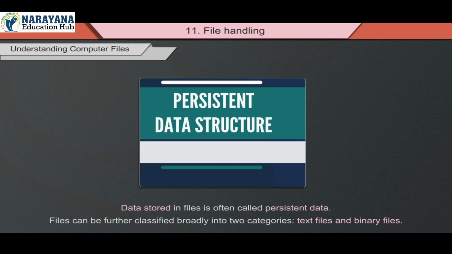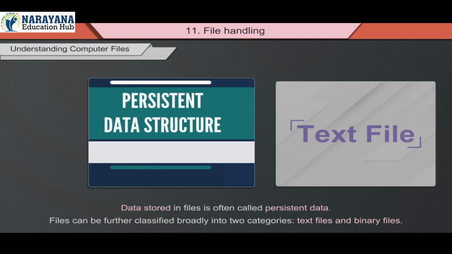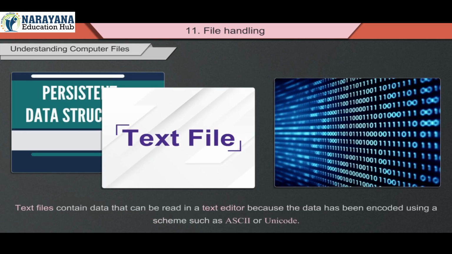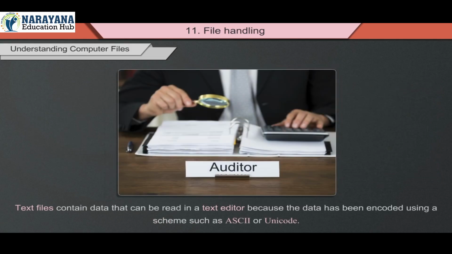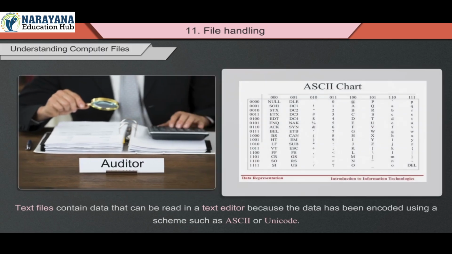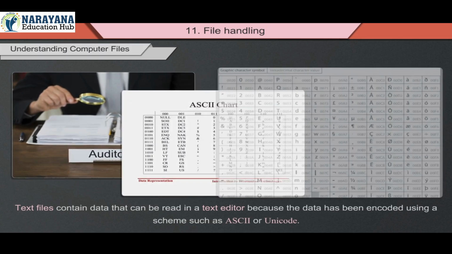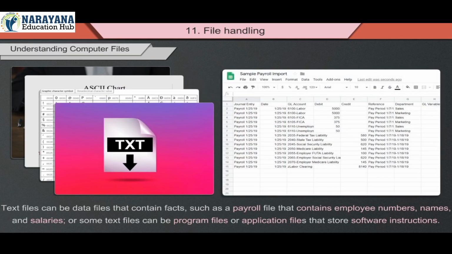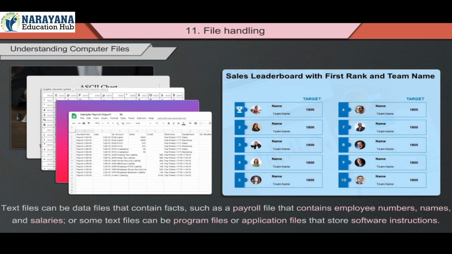Files can be further classified broadly into two categories: text files and binary files. Text files contain data that can be read in a text editor because the data has been encoded using a scheme such as ASCII or Unicode. Text files can be data files that contain facts, such as a payroll file that contains employee numbers, names, and salaries.